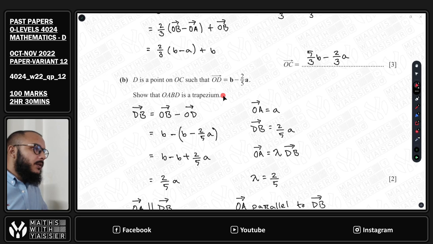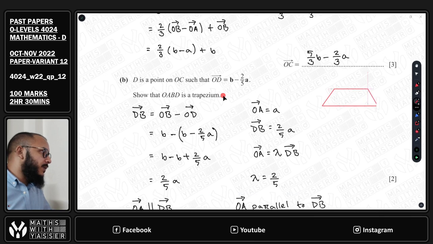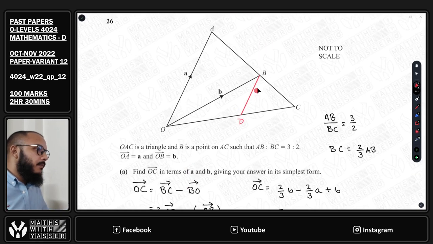So in order to do that, we need to understand what a trapezium looks like. So let's say this is a trapezium. In a trapezium, you must know that there are two parallel sides. So if we manage to prove that BD, or you can say DB, and OA are parallel, that means this should be a trapezium.